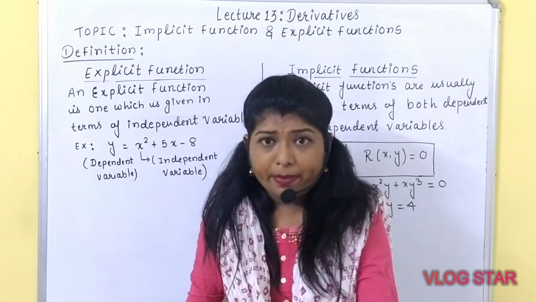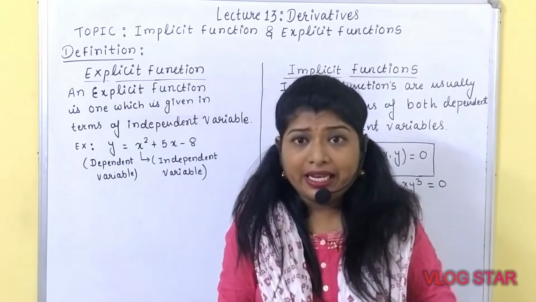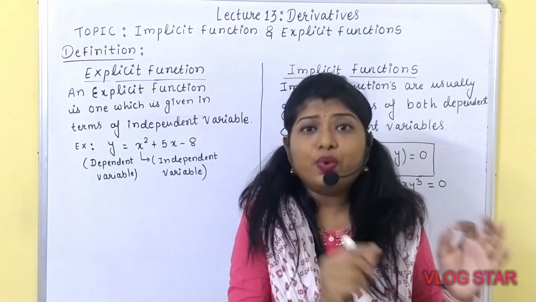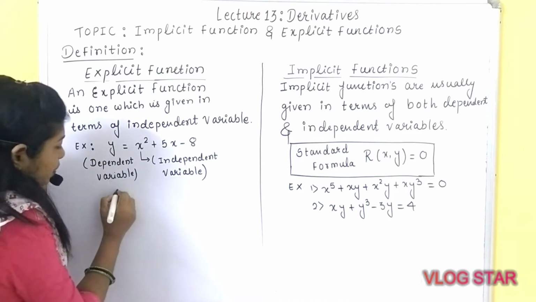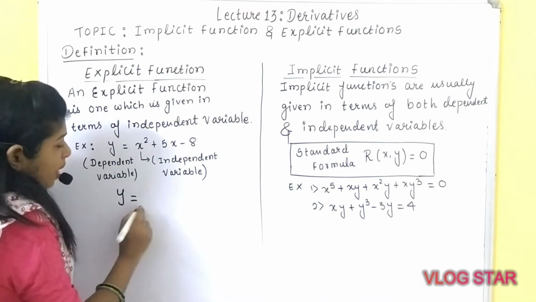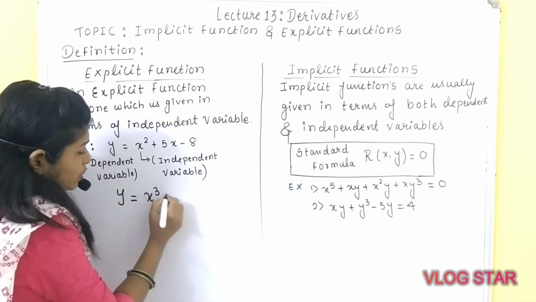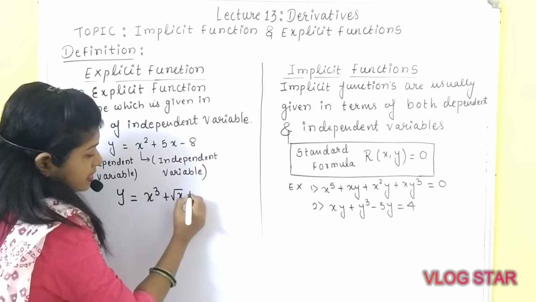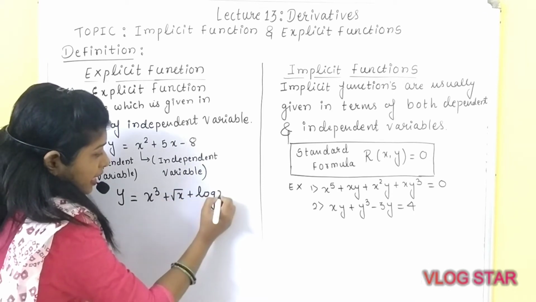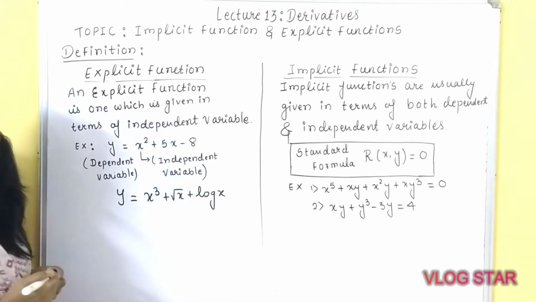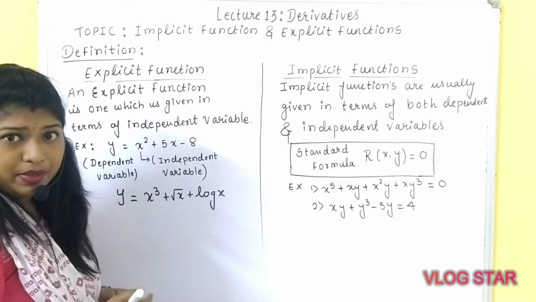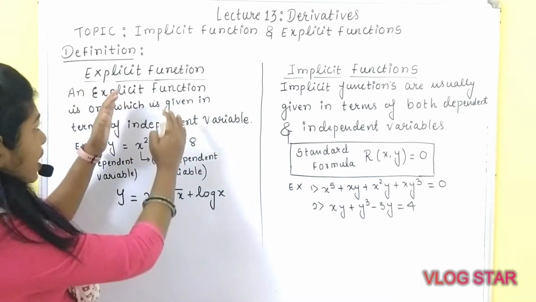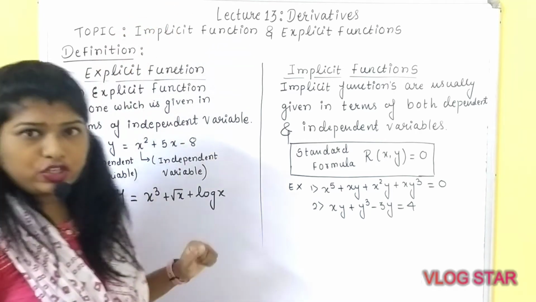Remember, whatever we have studied till now was related to explicit functions. Let's consider another example to understand this: y is equal to x cube plus root x plus log x. If you observe carefully, on the right hand side there is only the x term. So this function is called an explicit function.